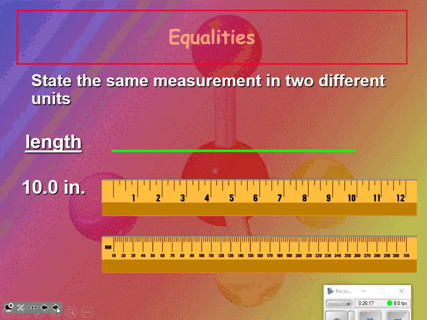It looks like it's 10 inches. How many centimeters? Well, it says millimeters. Centimeters is 25.4. Okay. Well, it makes sense because we know 1 inch is 2.54 centimeters, right? Multiply both of them by 10. Yeah, that makes sense.